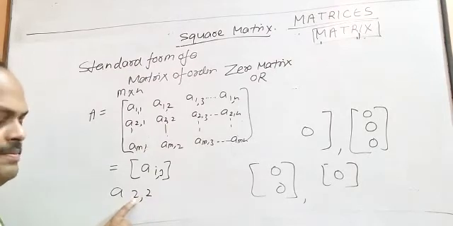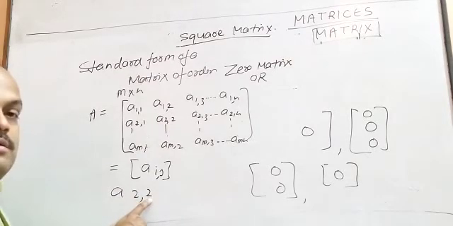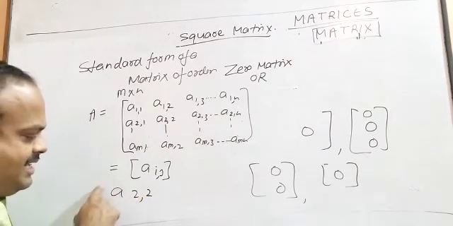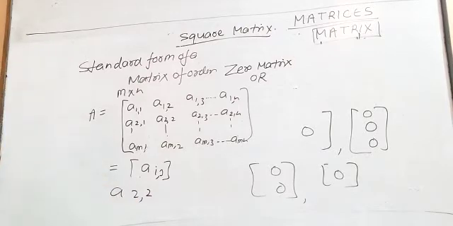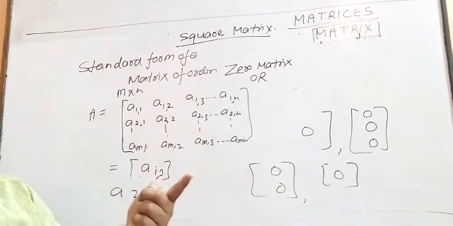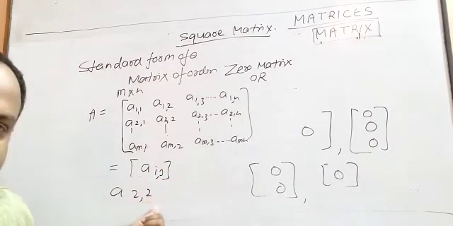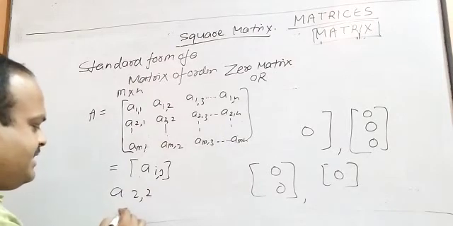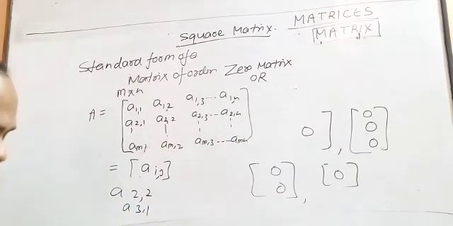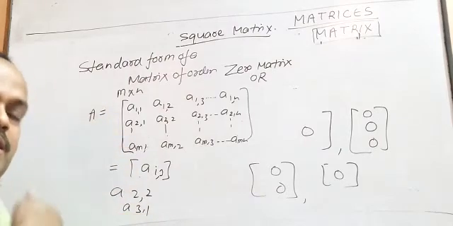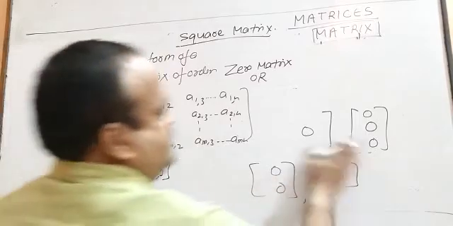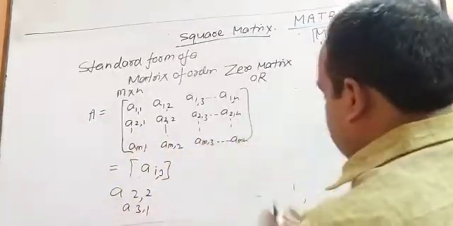This shows the row and this shows the column. If I write a31, it means the element is in the third row at the first place.